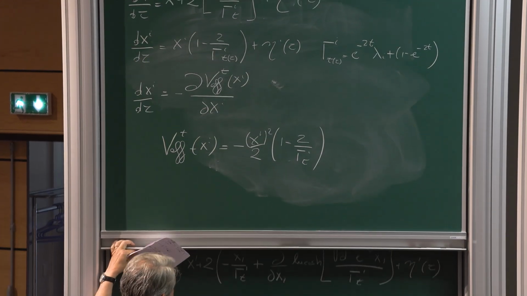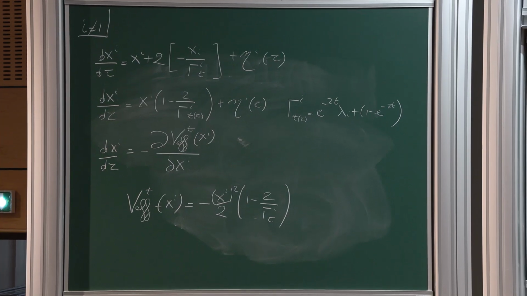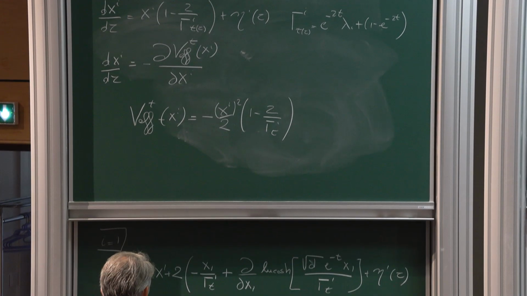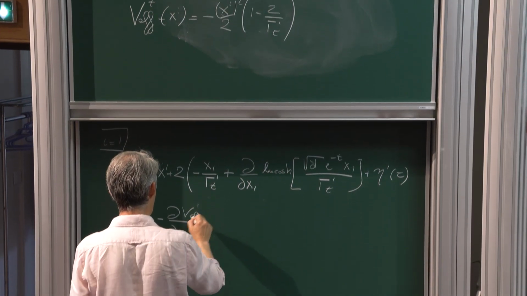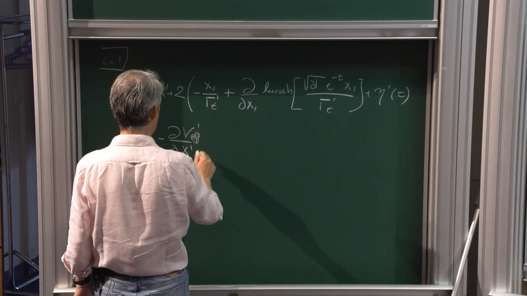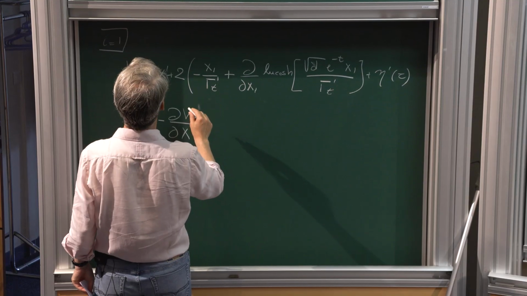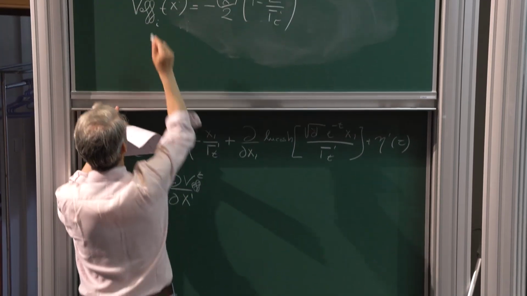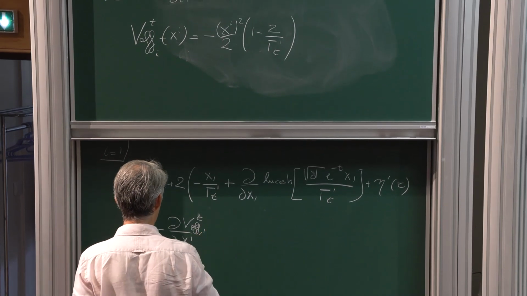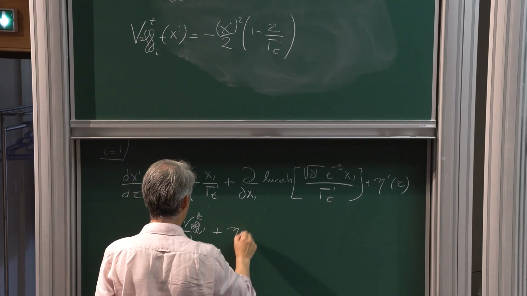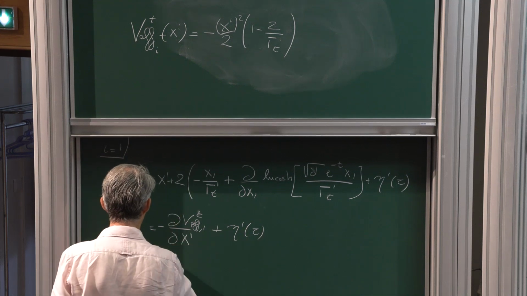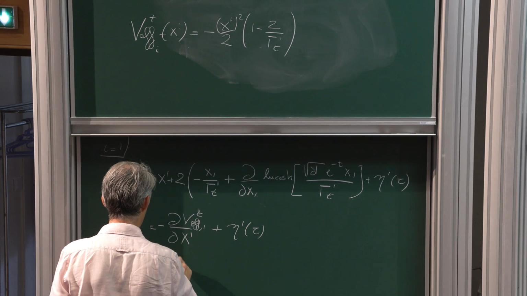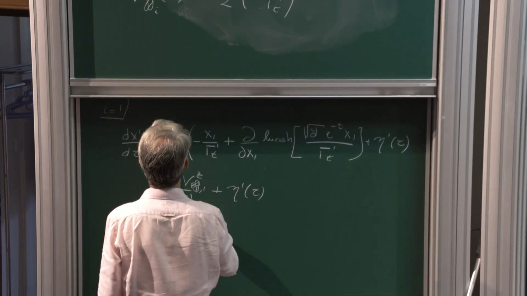And here, if you want, since I wrote it this way, it's the same thing. So here you can also write this as minus the derivative of V effective 1 with respect to x1. So this is 1 and depends on t. Well, I have too many indices. This is 1 plus η1 of τ. And now V effective 1 of t is equal to the same thing as before.